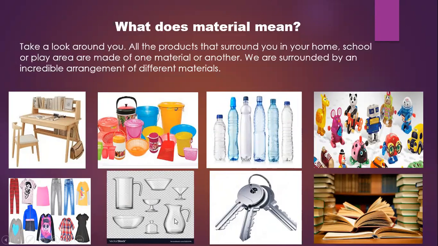This is a jug for water, keys, and the toys. These all are the different things which you are surrounded by. So all these things are made of different types of materials. They all are different.